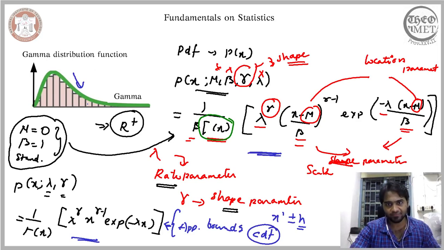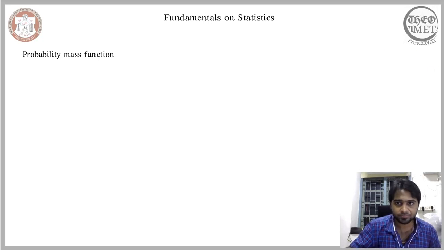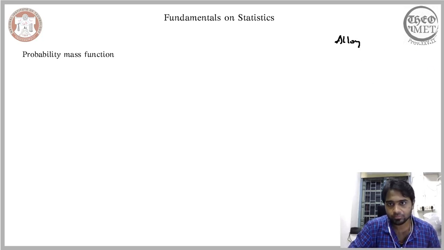Once you have the probability density function, using the appropriate bounds, you will be able to arrive at the cumulative density functions. Now, to go back to the foundation or the premise that we have been considering, we have been focusing on a given setup. That is, we have been considering different alloys and the lattice parameters of these alloys.